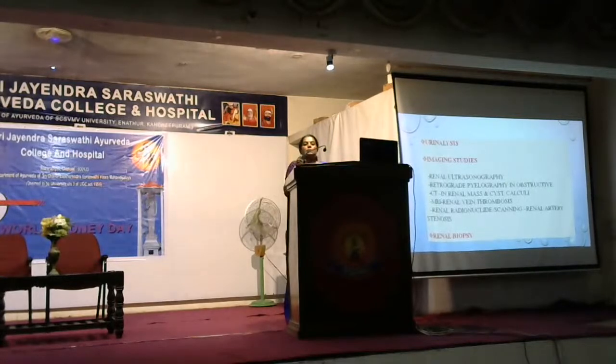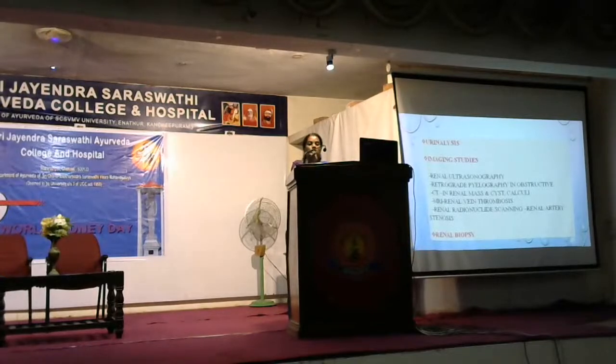And if we are suspecting any renal mass obstruction with calculi and all, we have to go with CT and MRI studies, for renal vein thrombosis, and renal radionuclide scanning for renal artery stenosis. If the artery supplying the kidney is having any stenosis or reduction in its space, if we are suspecting that, we have to go with renal radionuclide scanning, and renal biopsy should be done.